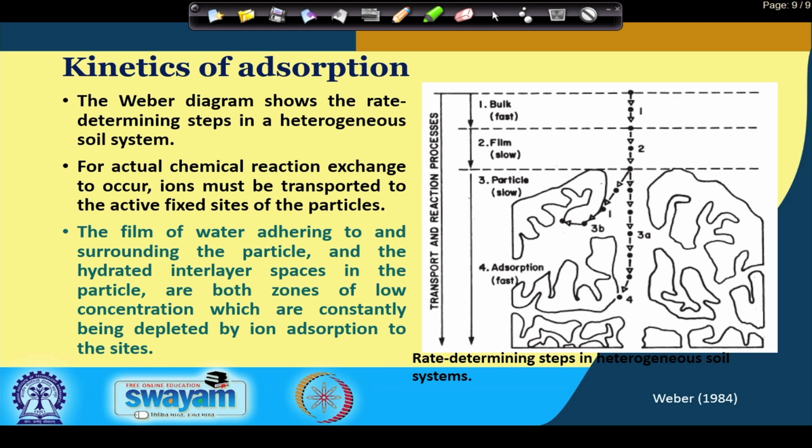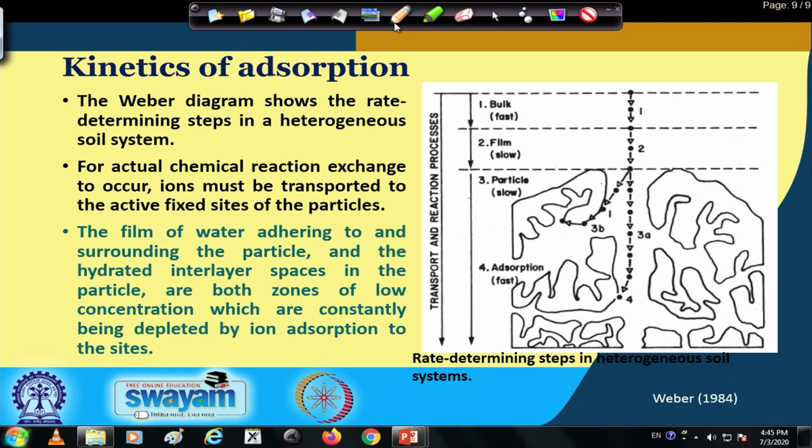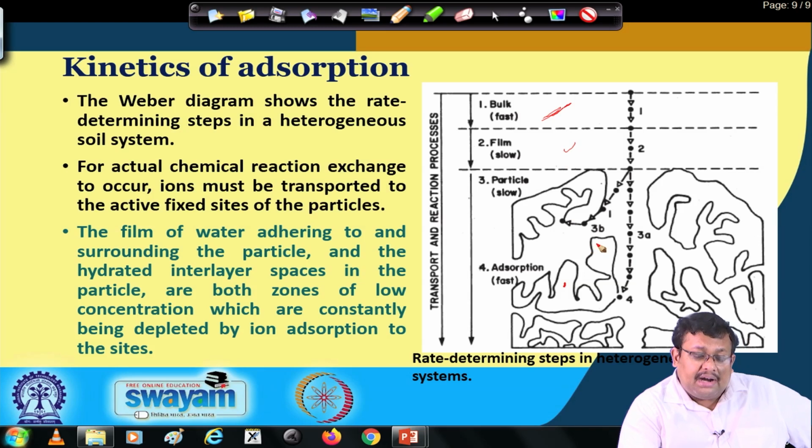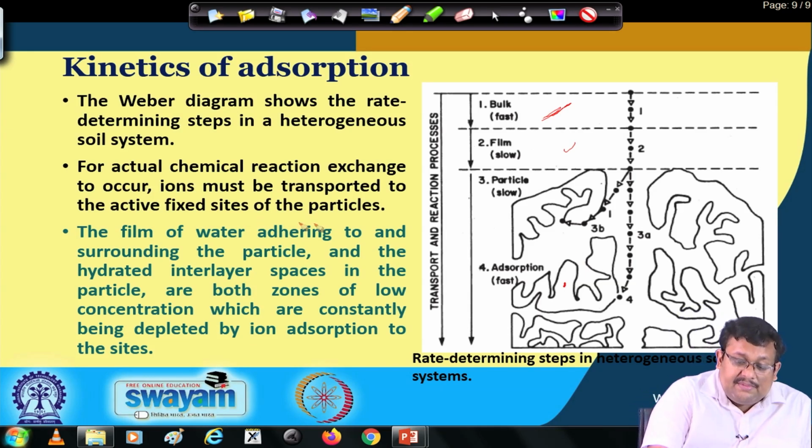You can see here in this picture these are the clay particles, and surrounding each clay particle there is a thin film of water, and then you can see the bulk solution. When the ions move from the bulk solution through the film to the particle site, and for the actual chemical reaction to occur, the ion must be transported to the active fixed site of the particles.